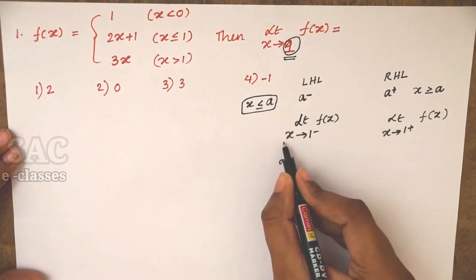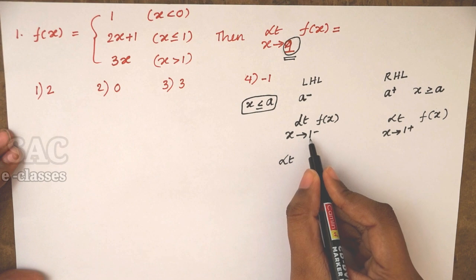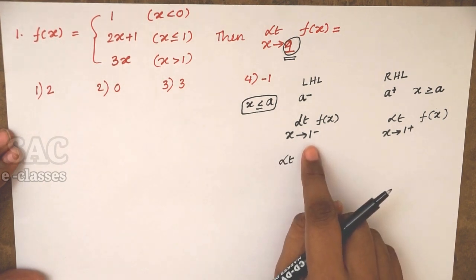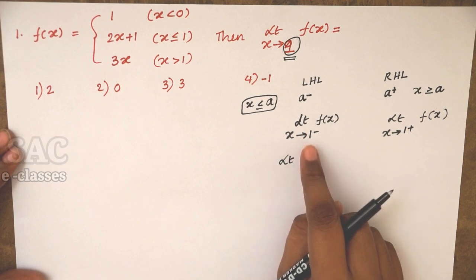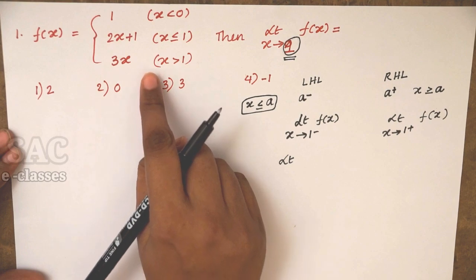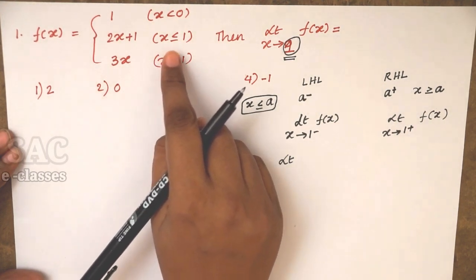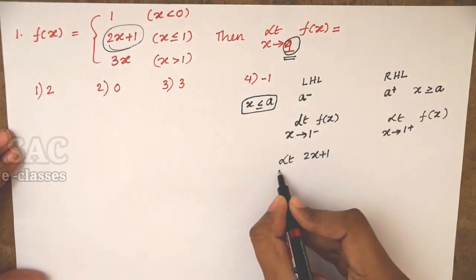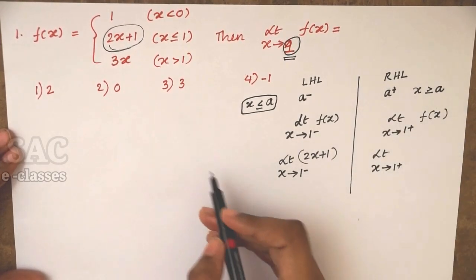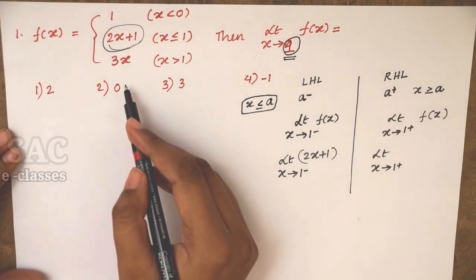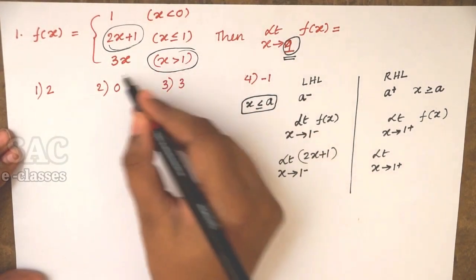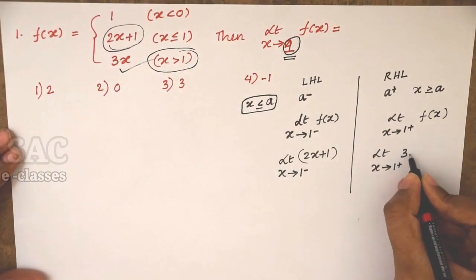Limit x tends to 1 minus means you should search for the function where x is less than 1. Obviously, 1 plus means you search for the condition where x is more than 1, so 3x.